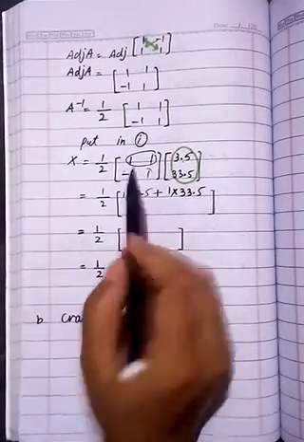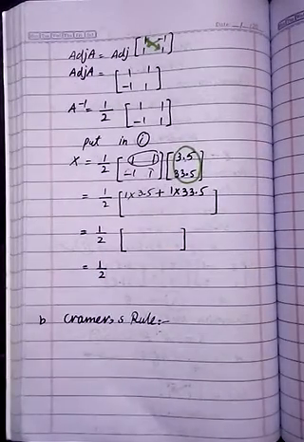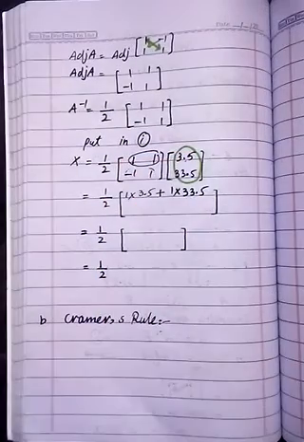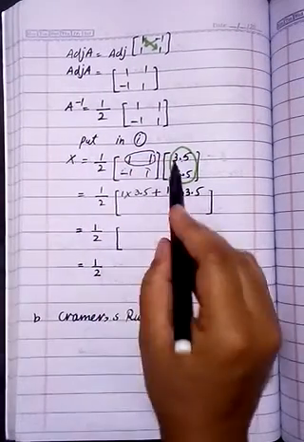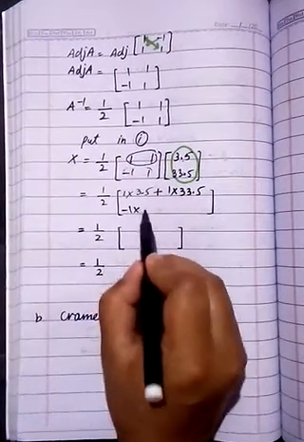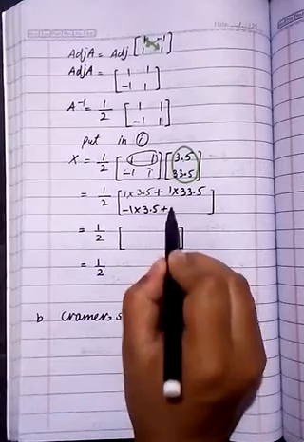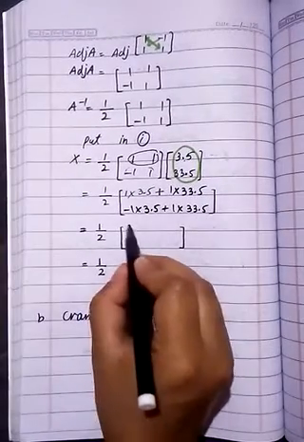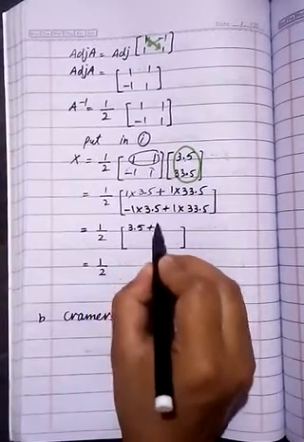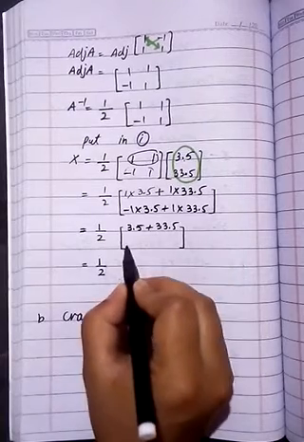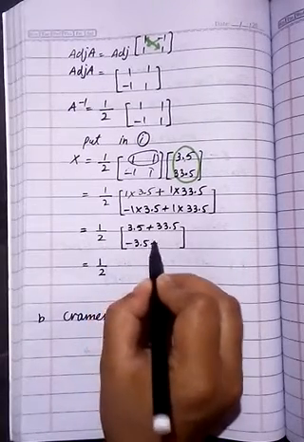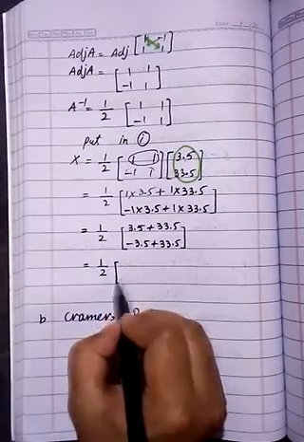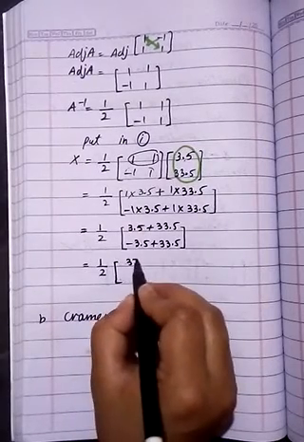Now you will use the second row multiplied by the first column, same, first entry multiplied by first: minus 1 multiplied by 3.5 and 1 multiplied by 33.5. So it becomes minus 3.5 plus 33.5. You add them, then it becomes 37.